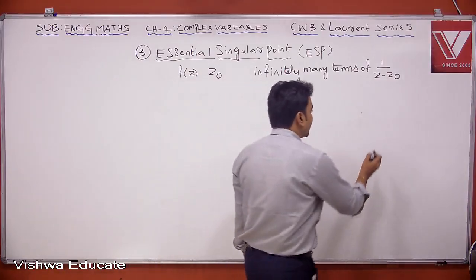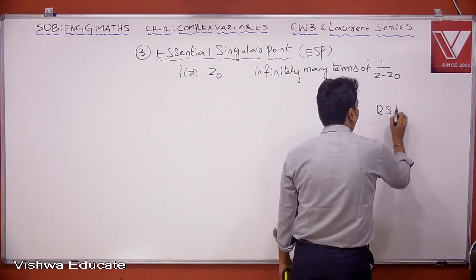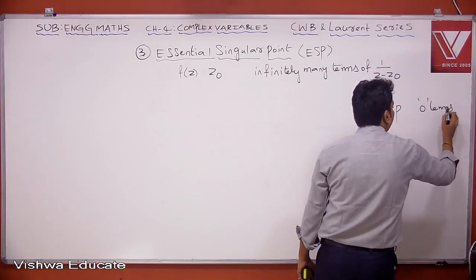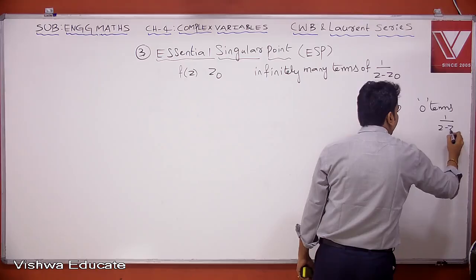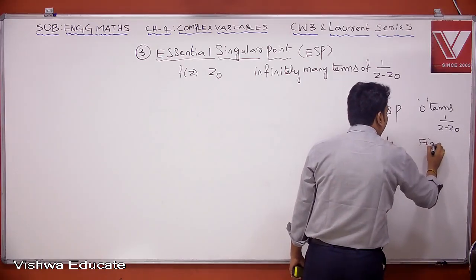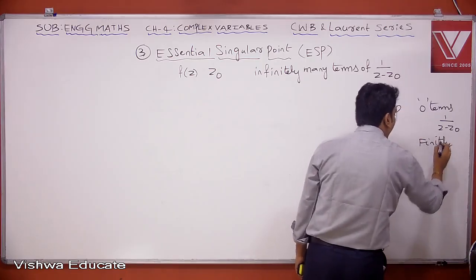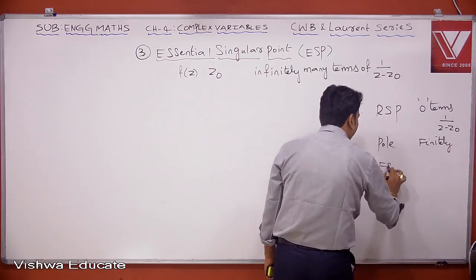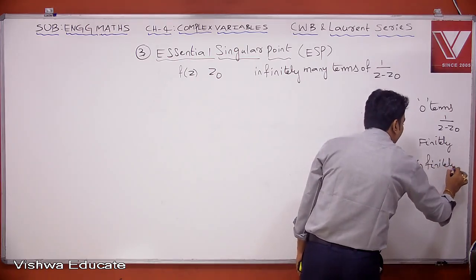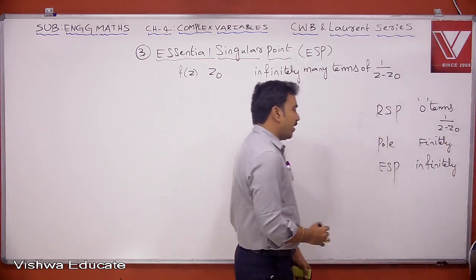In case of RSP, no terms, that means 0 terms of the form 1 by (z minus z0). In case of a pole, we have finitely many terms of the form 1 by (z minus z0). In case of an essential singular point, we have infinitely many terms of the form 1 by (z minus z0).